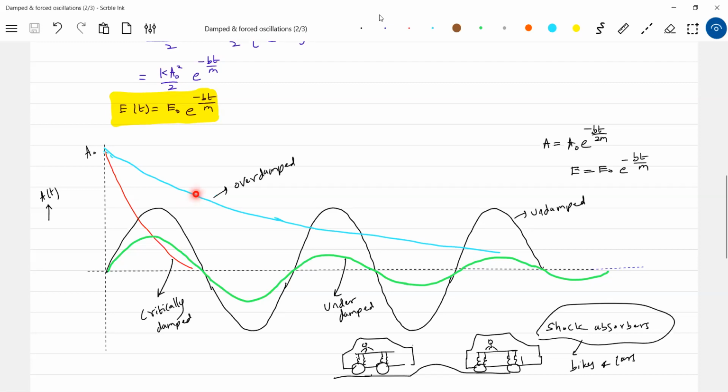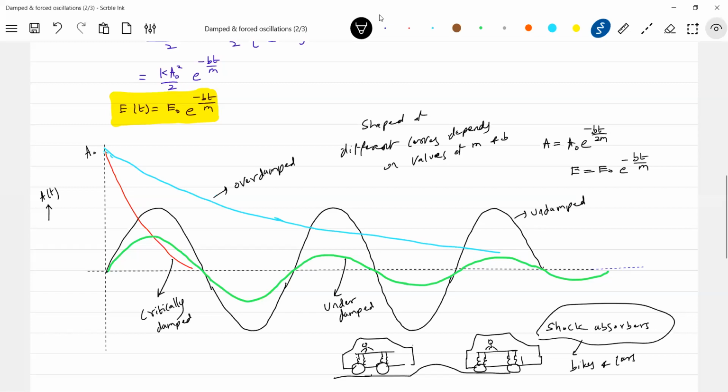So the different curves: the shape of different curves depends on the values of m and b. For different values of m and b, the system will behave in a different way. If b is 0, then you get this one, undamped.